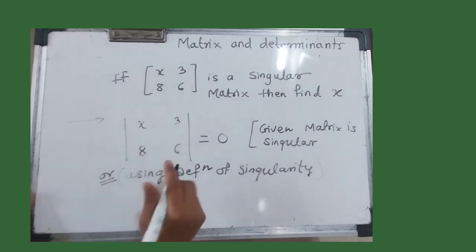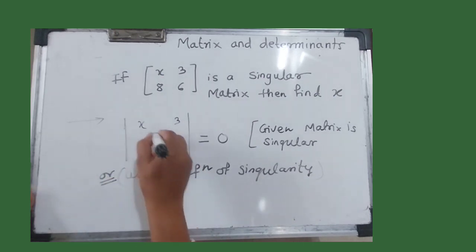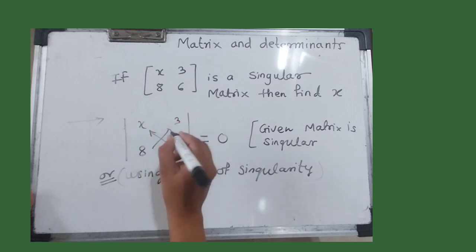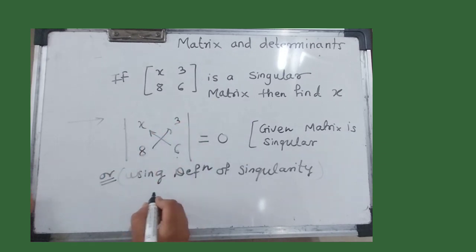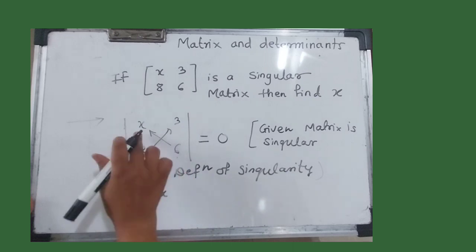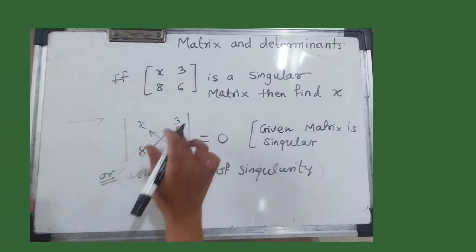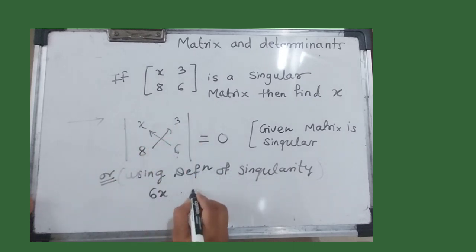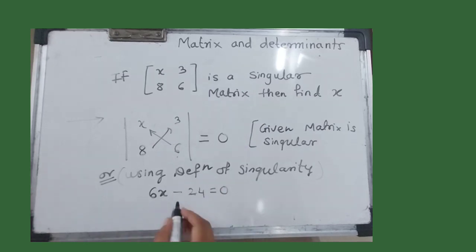We know how to solve this determinant. Start from this, take a cross multiplication. So it is 6x, 6 into x minus 8 into 3, minus 24 is equal to 0. See how simple a question asked in the exam.